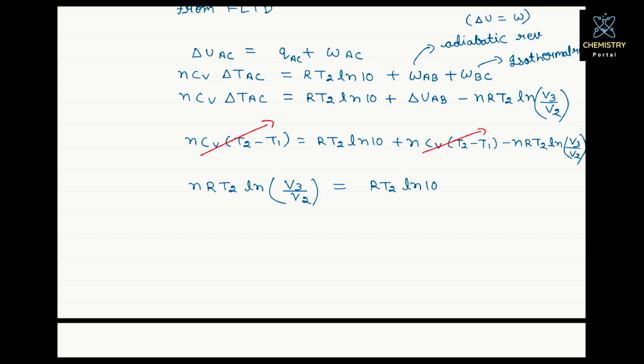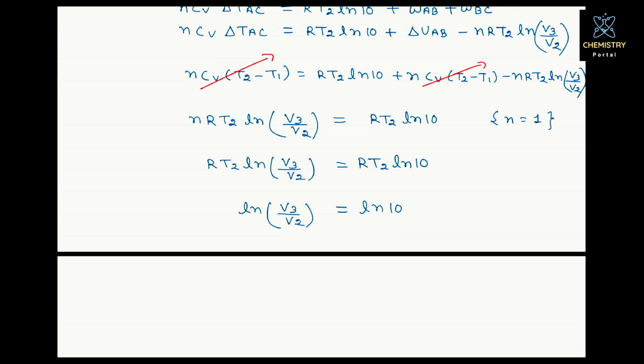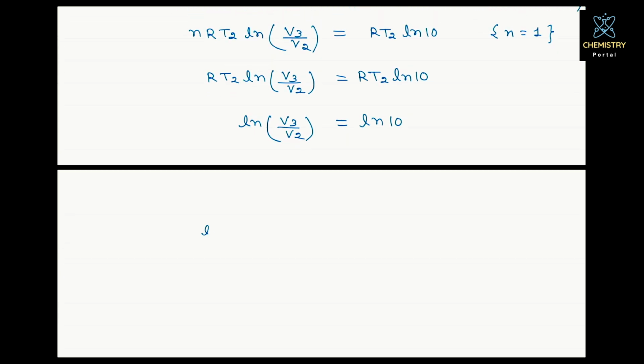In the question it is given that n is 1 mole for the monoatomic gas, so RT2 ln V3 divided by V2 is equal to RT2 ln10. RT2 cancels out, so ln V3 divided by V2 is equal to ln10, and we can write ln V3 minus ln V2 equal to ln10.